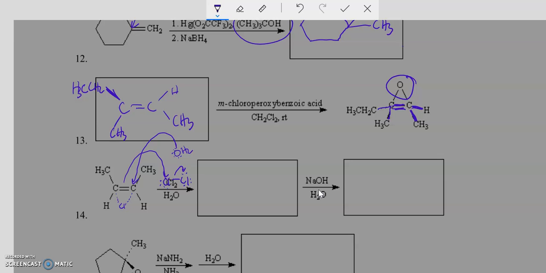And then you're going to form carbon, chlorine, hydrogen, and CH3 here. On the other end, you're going to have OH and hydrogen, and CH3.